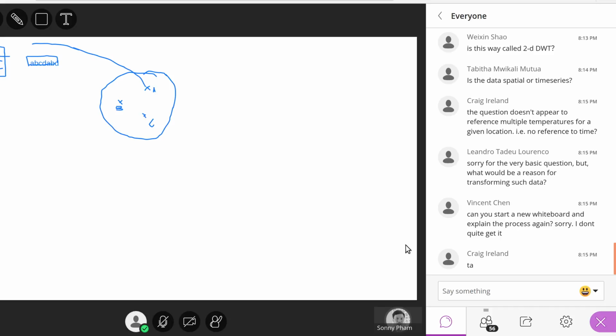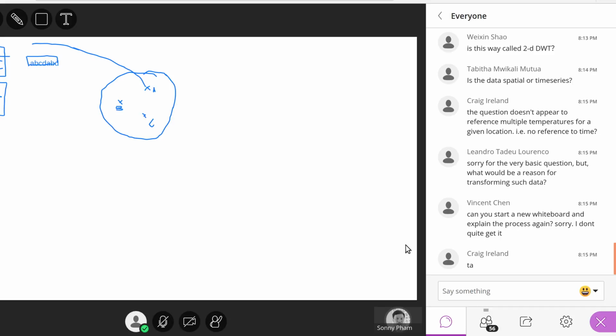So we apply a 2D transform, and from this we get a number of coefficients. What do the coefficients look like? Maybe if you use something like a discrete wavelet transform, it will be multi-scale, and if you look at Wikipedia, you have something like this.